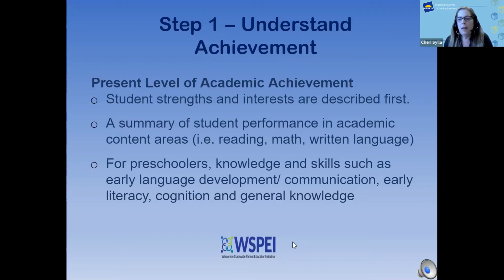So the first one is step 1, understanding achievement. So this is that first page. Typically, it's a long written narrative, right? About what our student is good at, what our child is good at, what their strengths and interests are. And we want to talk about those first. We talk about academic content areas.